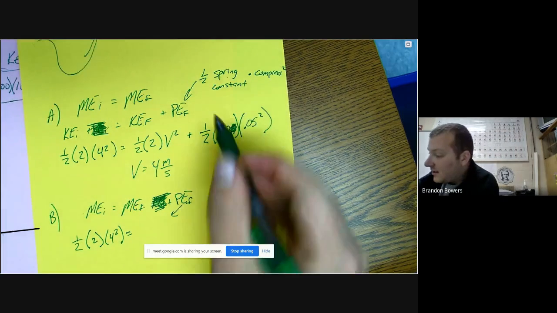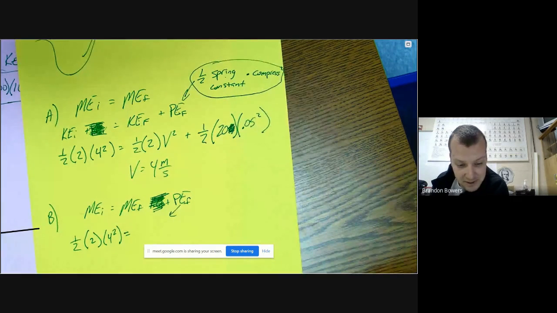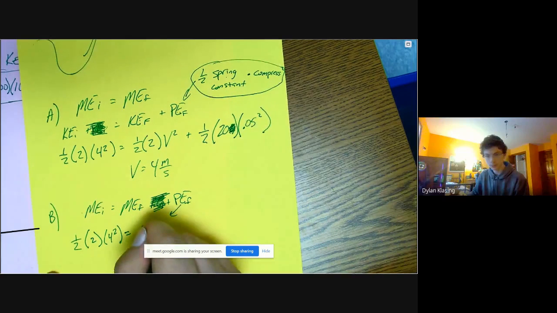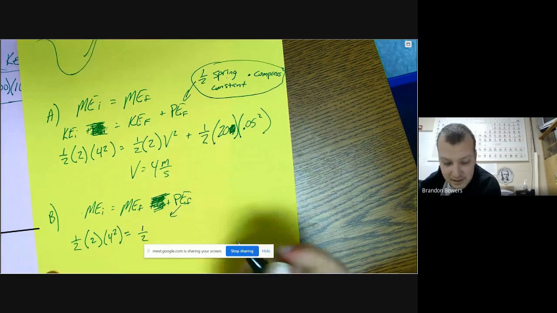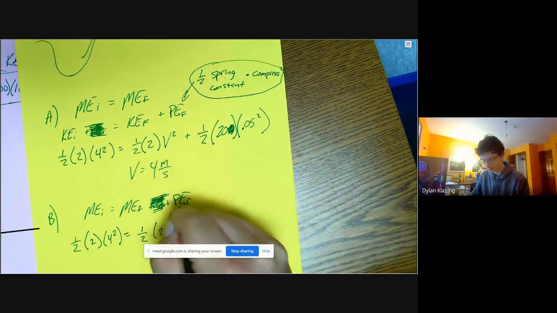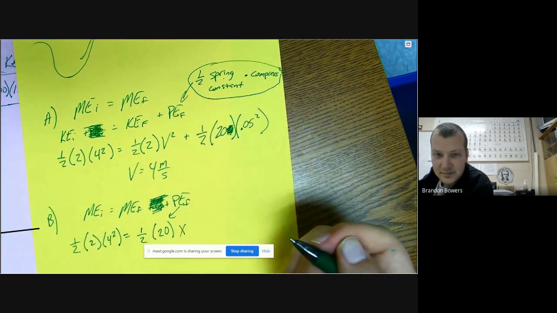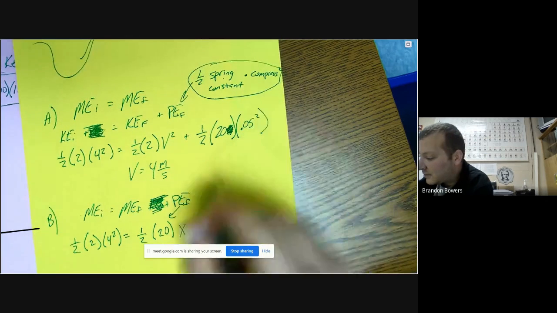But it's going to be with the spring constant up here. So it's going to be half the spring constant. Your spring constant was 20. Times the compression. We're going to use X because we're trying to see the maximum amount of compression, squared.